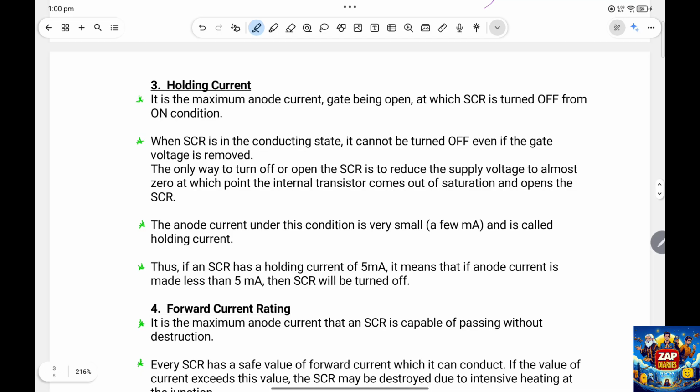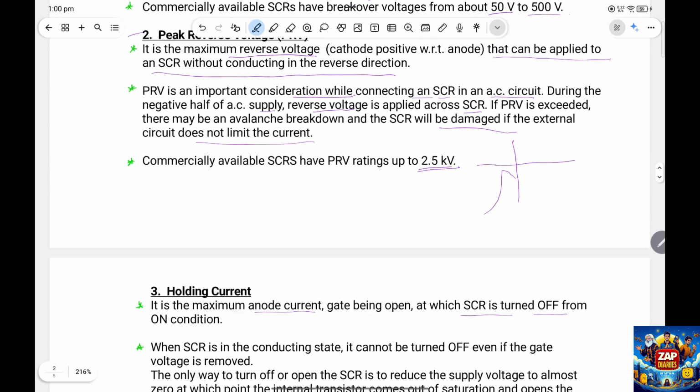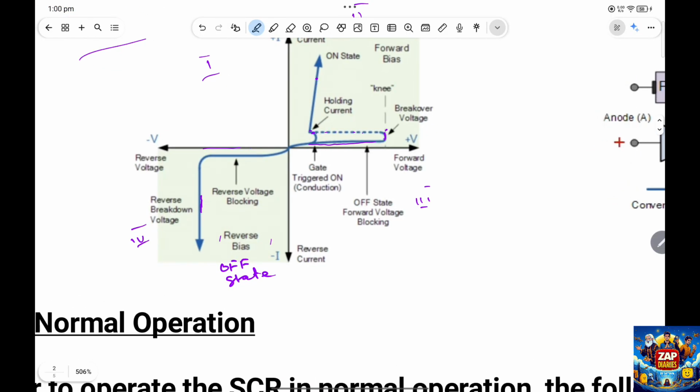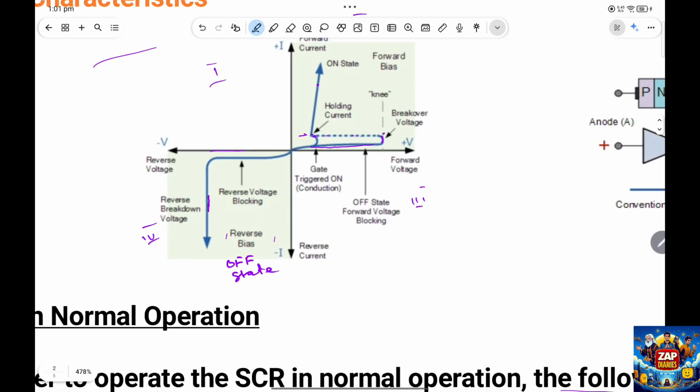The holding current. It is the maximum anode current, gate being open, at which SCR turns off from the on condition. As I have shown you here, this is the holding current, and this is the maximum current the SCR can handle below the on state.